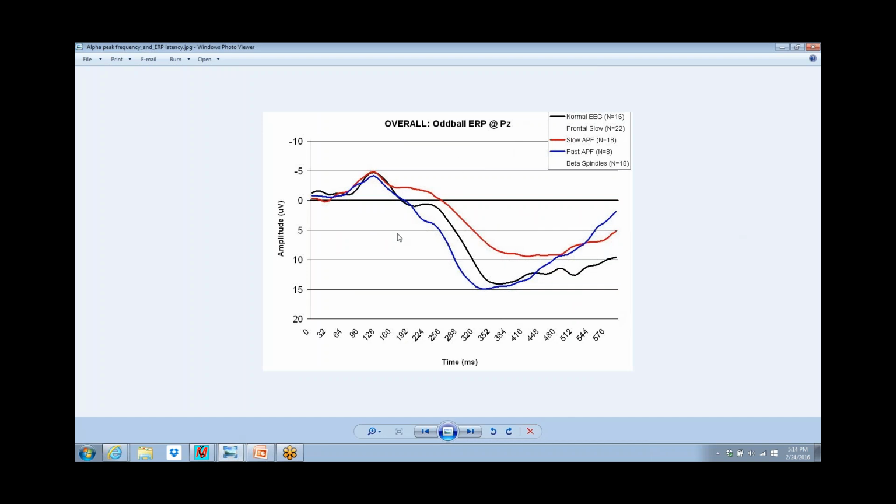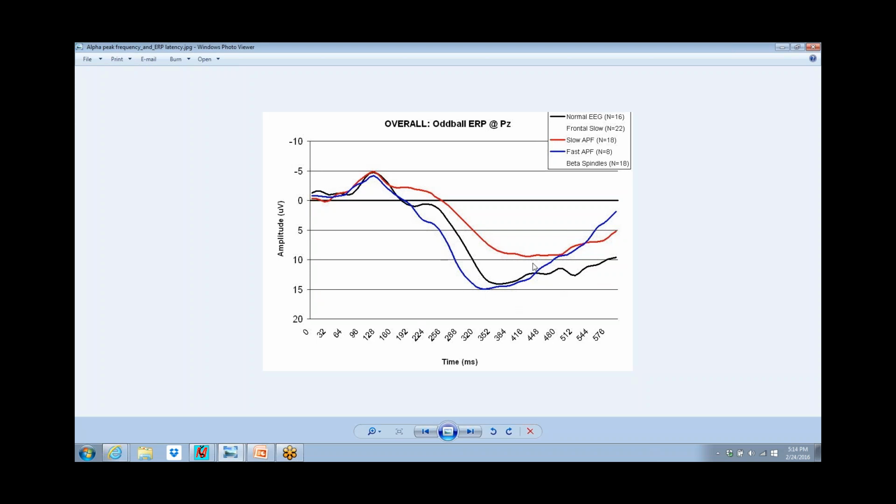What we see here is the interaction between the background alpha frequency and the arrival time of the P300, the positive deflection at about 300 milliseconds, that occurs after you can detect the difference between two stimuli. So you've been given a series of stimuli, and suddenly one of them is different, and the brain responds to that difference.